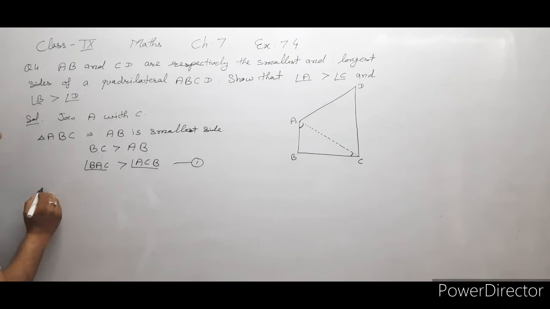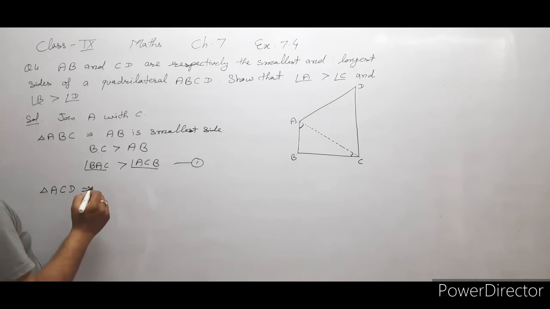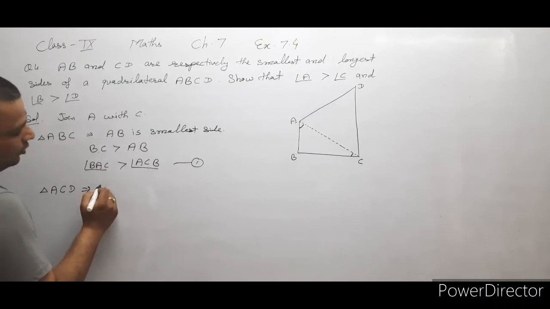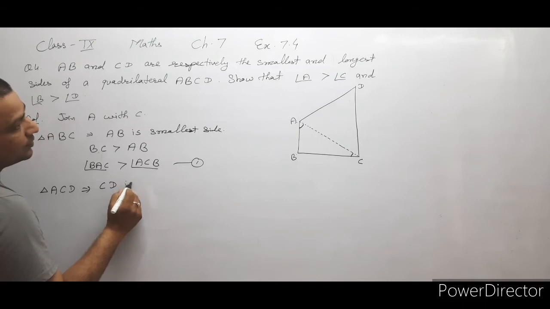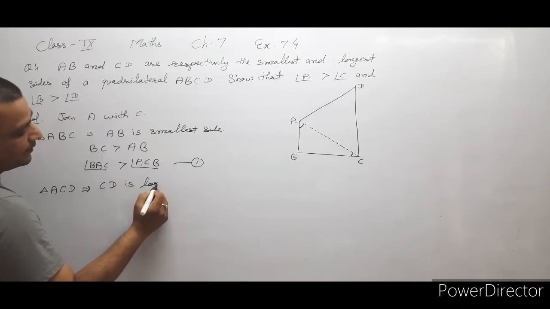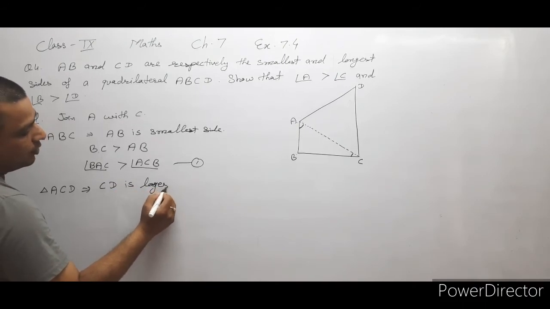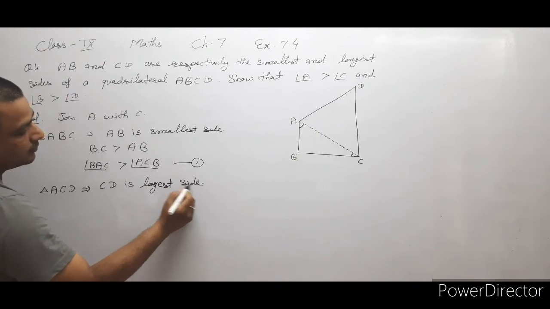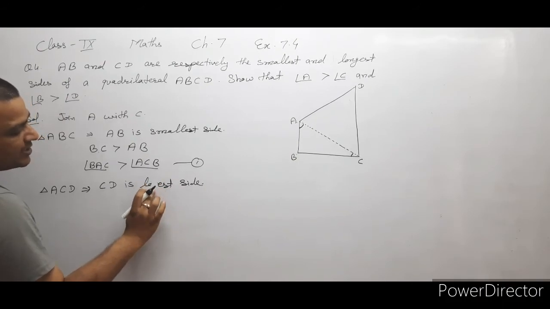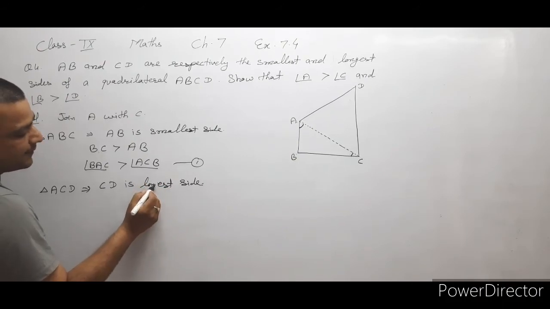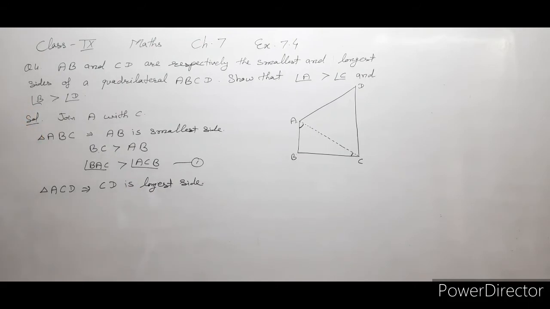Now another triangle, ACD. It's given that CD is the longest side. If it is the longest side, it is always the greater side.